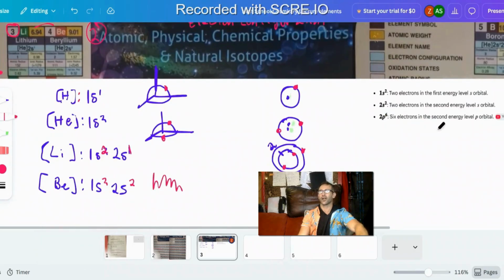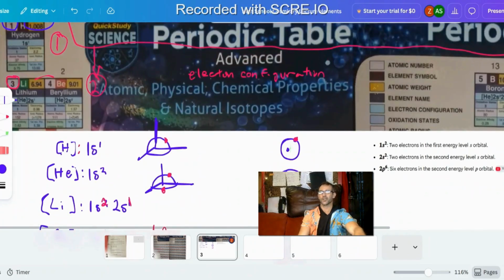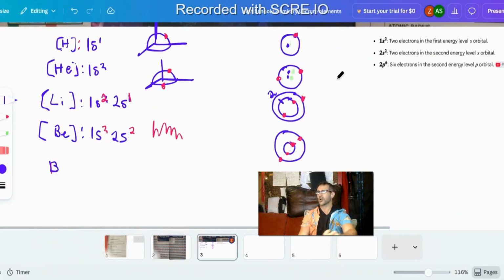Now, if you go to boron, so here's the thing. When you get to the right, when you skip all the metals and you get to that number 13 column there, right? Then it's no longer just the s orbitals, but it's still in the second energy shell.